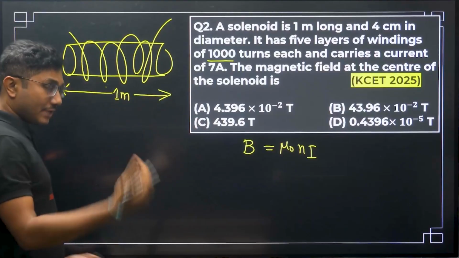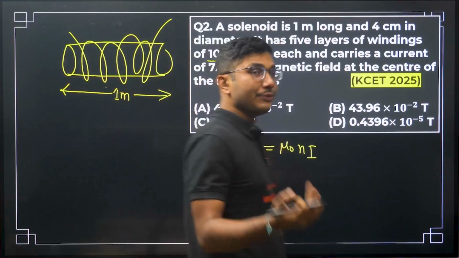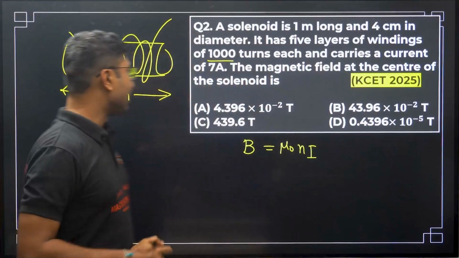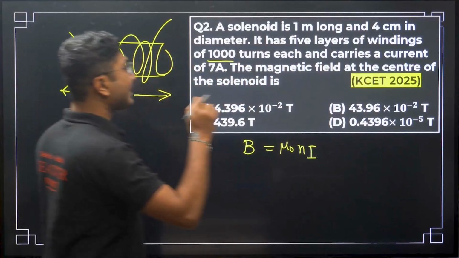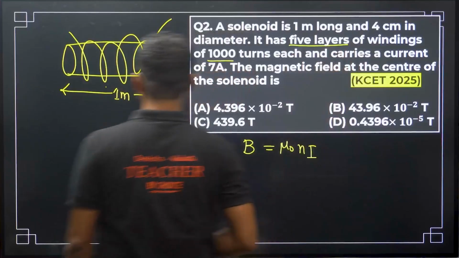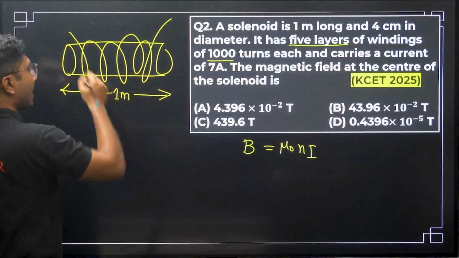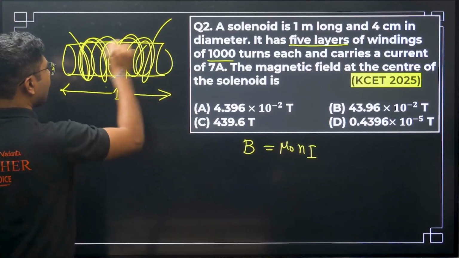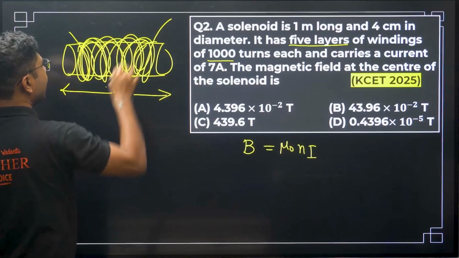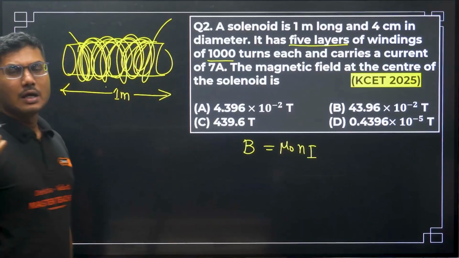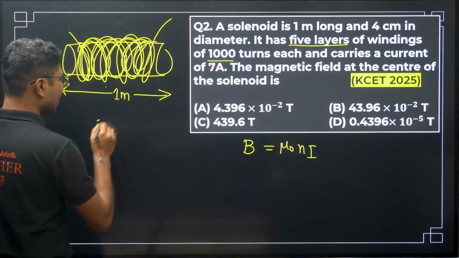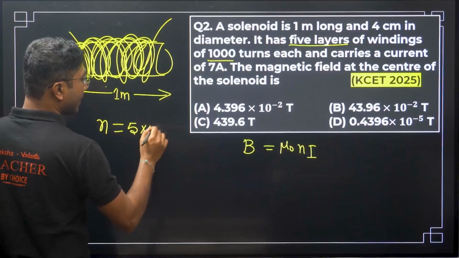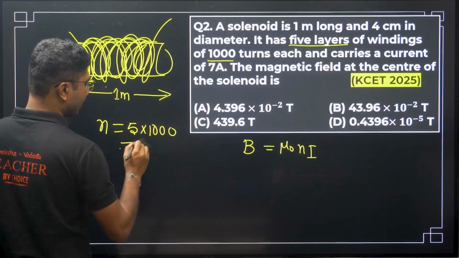But here it says 5 layers. What is the meaning of 5 layers? So this is 1 layer. We have one such more layer over here and another layer and another layer. Each layer has 1000 turns. So total number of turns per unit length is not 1000 but 5 times 1000, that is 5000.